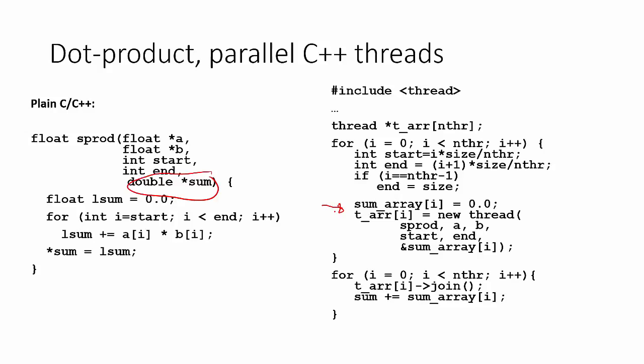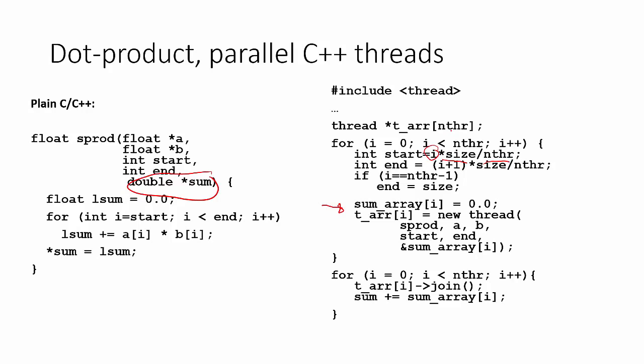Secondly, we need to divide the work. We do that by taking the number of iterations, which is represented by the variable size, and dividing that by the number of threads. That gets us size over number of threads iterations per thread.